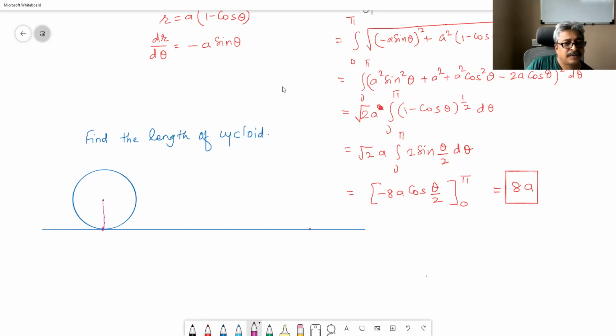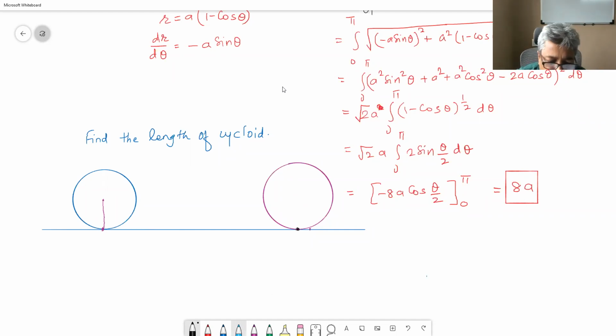Let us find out the length of the cycloid. So what is a cycloid? If you have a circle and a straight line, the circle is moving along the straight line without slipping, and suppose this is a point on the circle. If it completes one revolution and again the position comes here like this, this point comes back to this normal case.